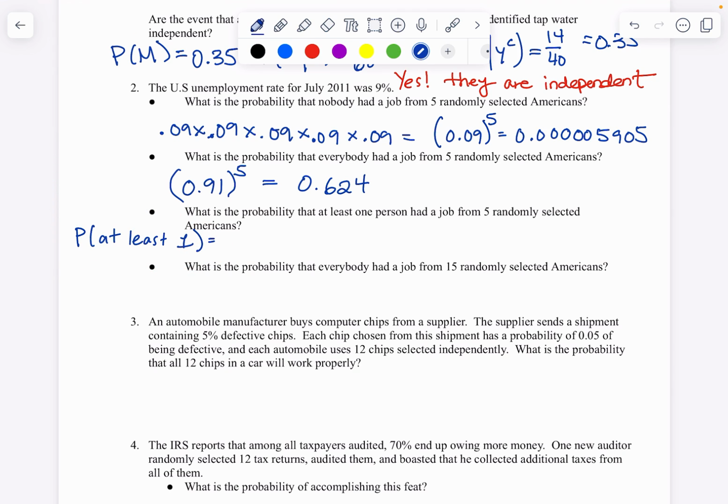Easier, let's find 1 minus the probability that none of them have a job out of 5. So I need to find 1 minus 0.9 to the power of 5, which is 0.9999994. Pretty likely.